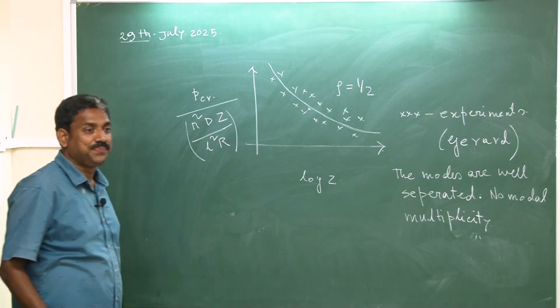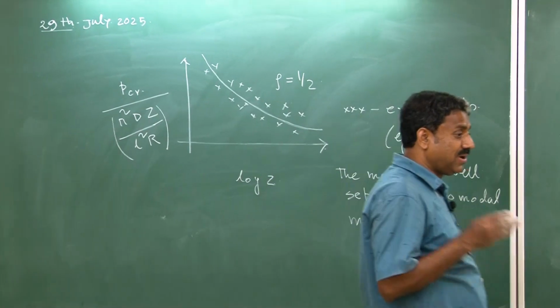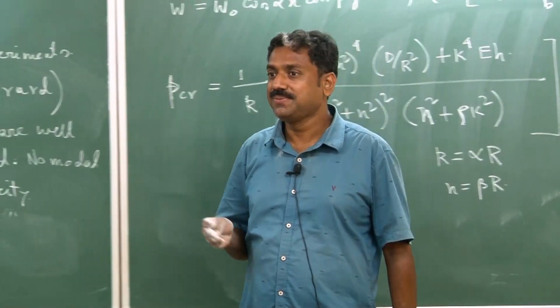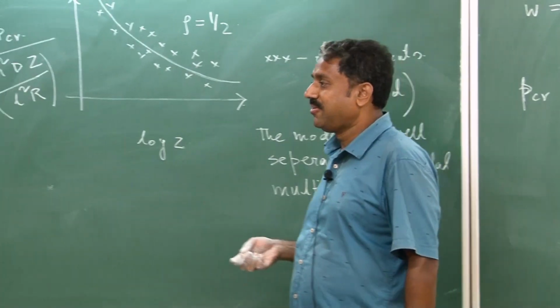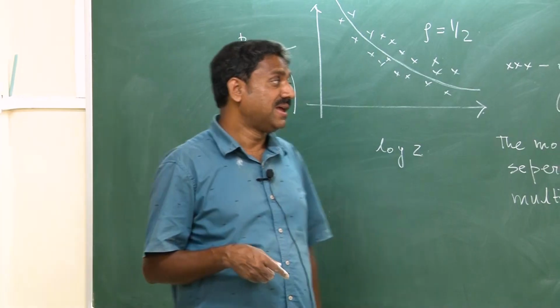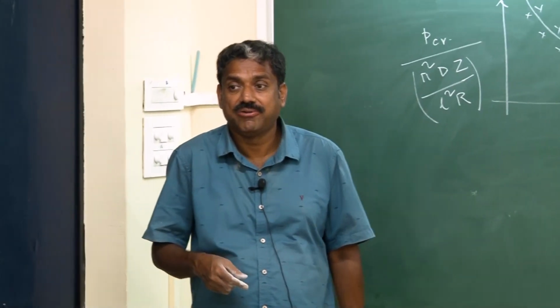This is an interesting fact: a cylindrical shell, if it is only under axial compression, shows imperfection sensitivity because of closely spaced modes which interact. There is a huge difference between the experimentally observed load and the theoretically predicted load.